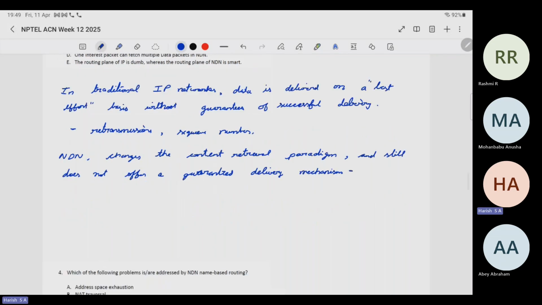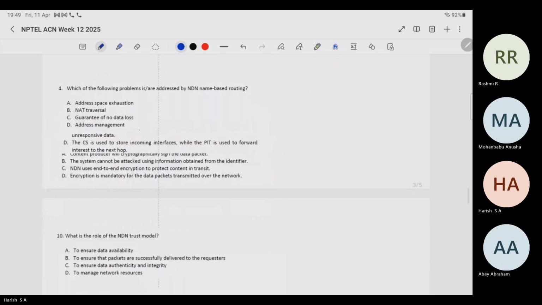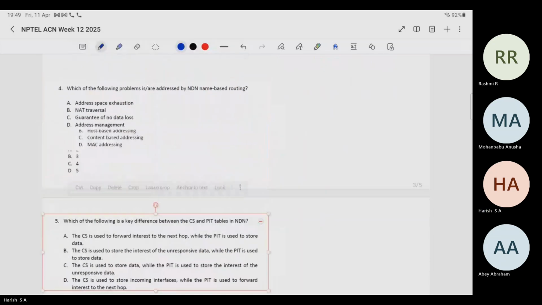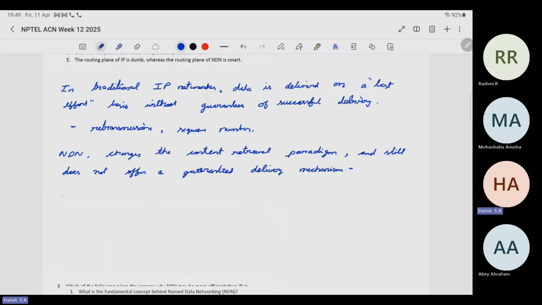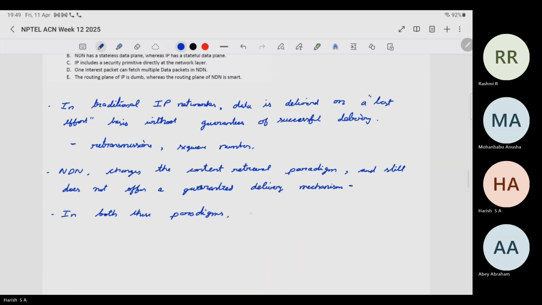Which means basically in both these paradigms, network conditions may lead to data loss or a delay. Okay.